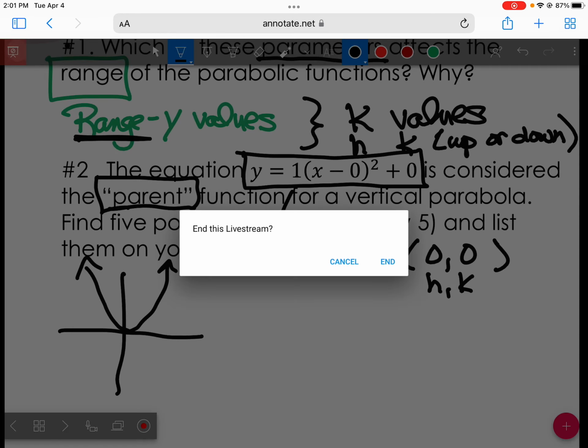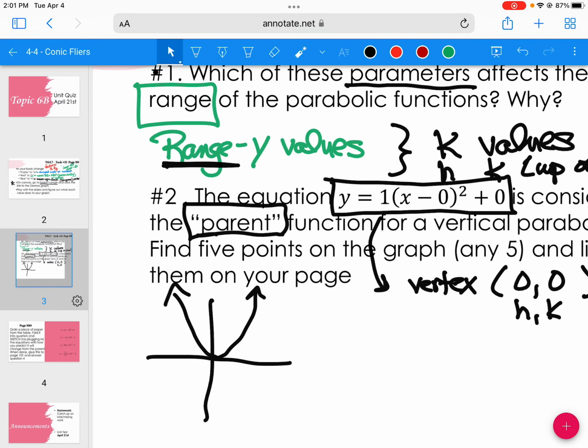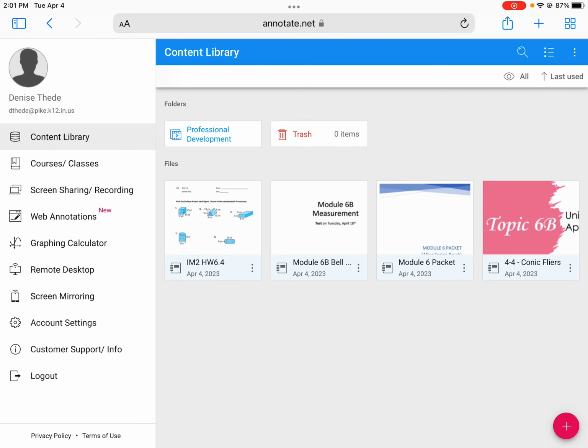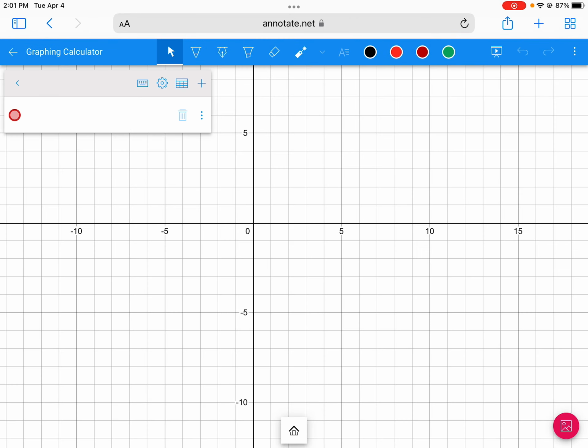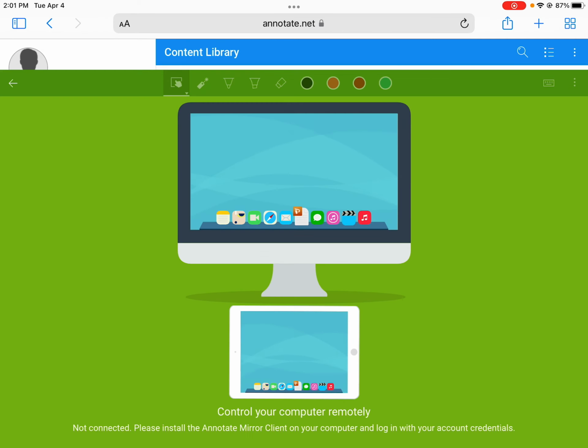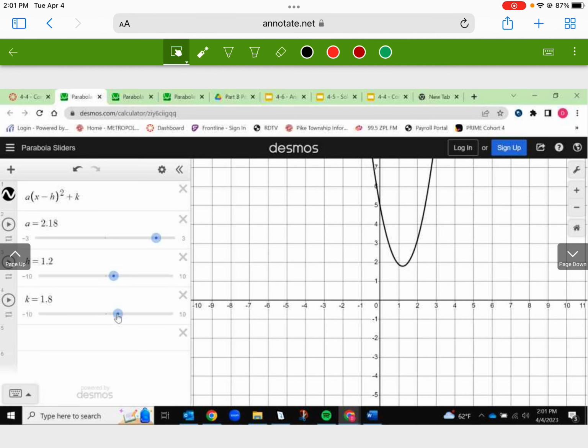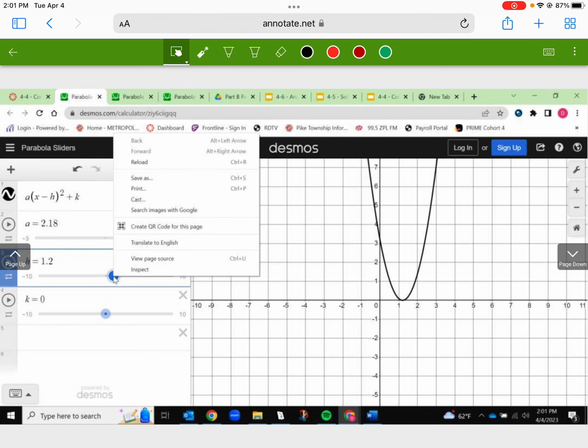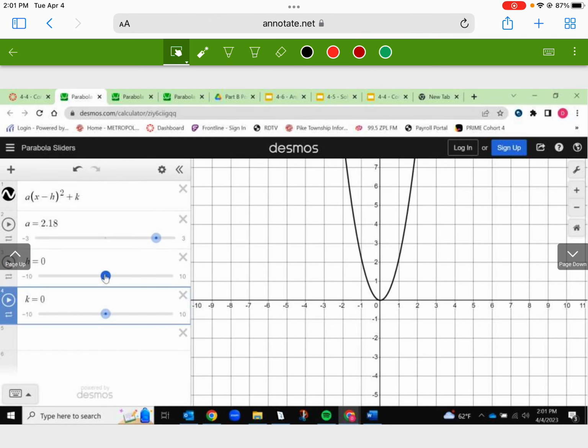Now, if I go to Desmos, let's see if I can bring that up here. I don't want the graphing calculator. If I go to Desmos and I move this, so k is 0 and h is 0.